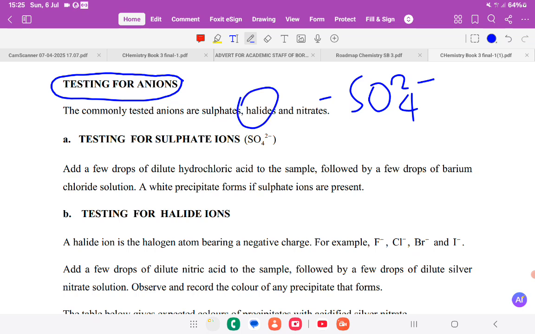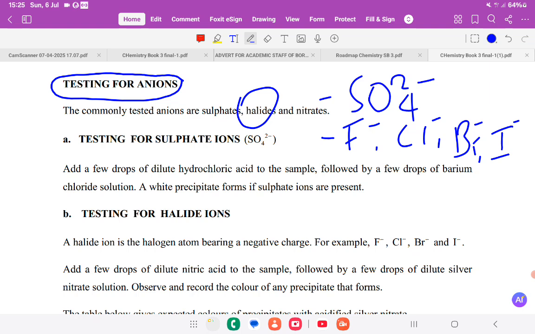And then you have halides. Halides are also called the group 7 elements, which are salt makers. For example, fluoride ions, chloride ions, bromide ions, and the iodide ions. Please take note of how we are naming them.